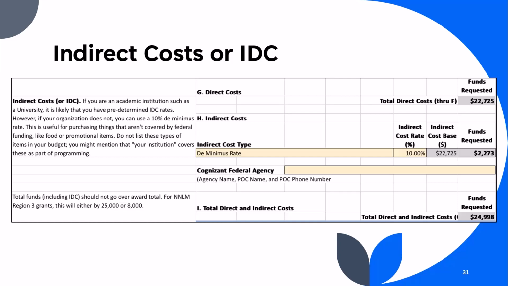So it's not 25,000 for your direct costs and then you get IDC on top of that, although some other funders might do that. For ours, they both have to combined come below or be equal to the 25,000. Our total direct costs ended up being around 22,000, and then with our indirect costs, we still fell just $2 under the 25,000, which is good because you want to either meet or be below the total award amount. You can't go over, unfortunately.